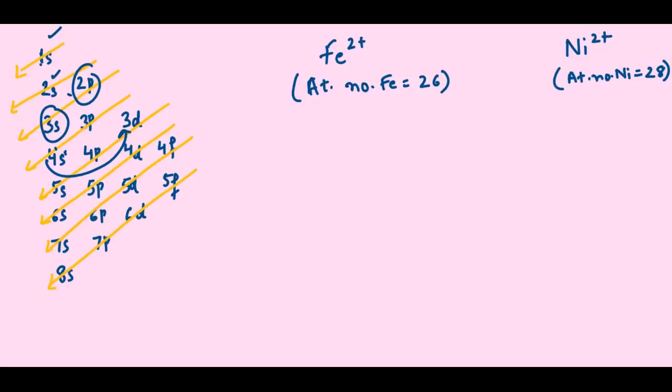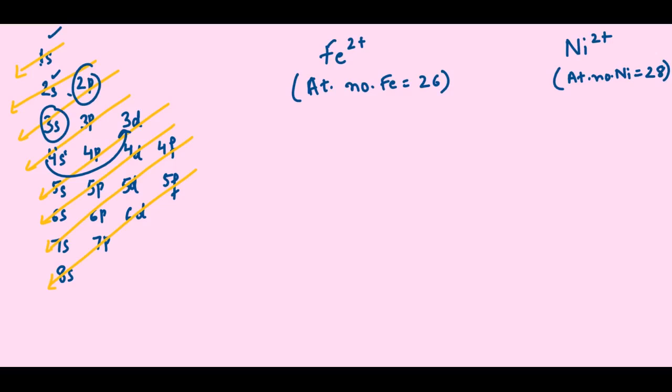The next important thing is to do the configuration of ions, especially the cations. For example, if you are given such a case, here I have taken two examples. One is the ferrous ion and another is the nickel ion. Okay, I'm taking the ferrous ion case first. If you are asked to write the electronic configuration of the ferrous ion, this is something where children make mistakes.